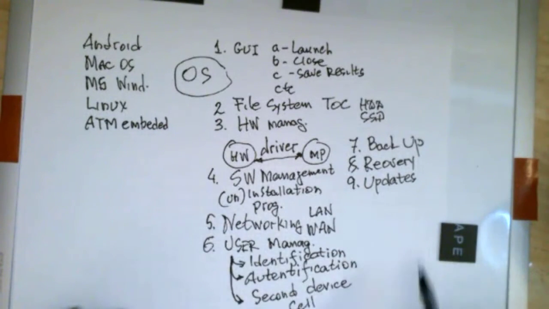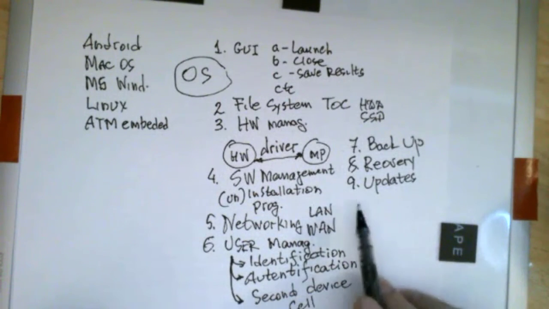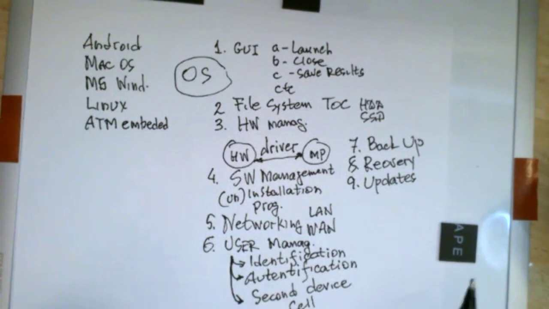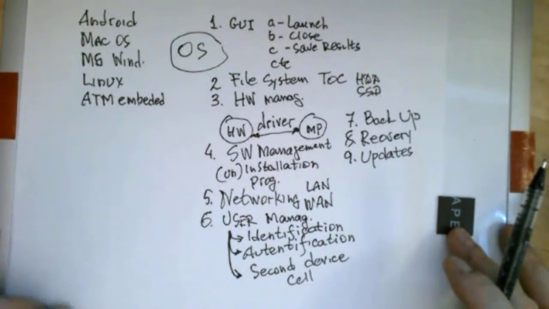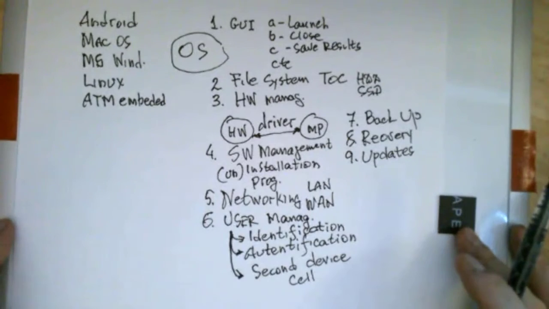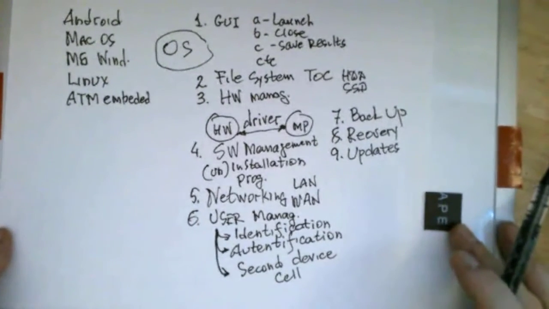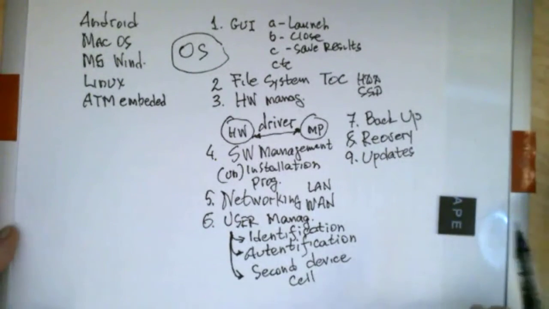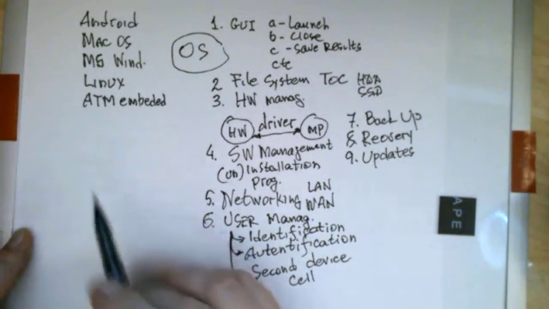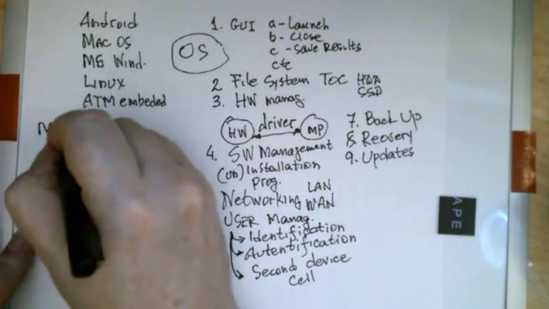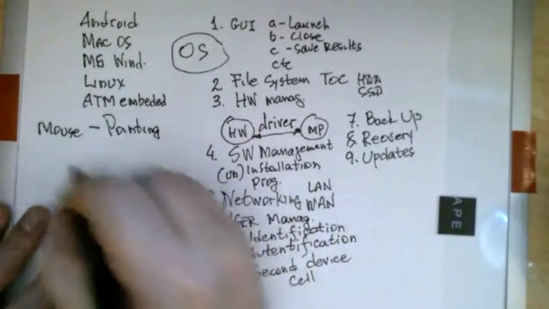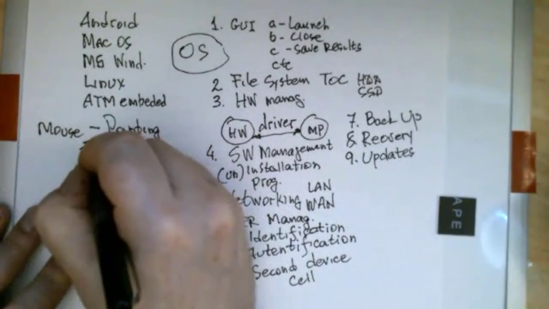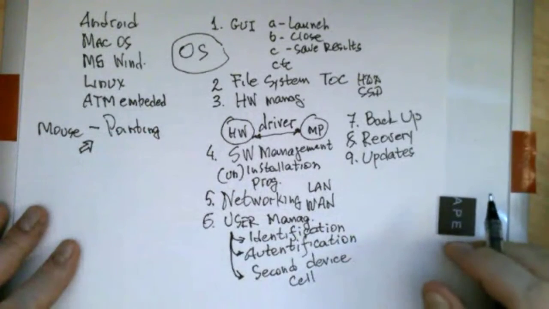And I will extend this table day by day when we work with the operating system. But so far, I would like to tell you, folks, that the operating system is graphical. Graphical meaning it uses a mouse. The mouse is a pointing device. What is pointing? It has a cursor.